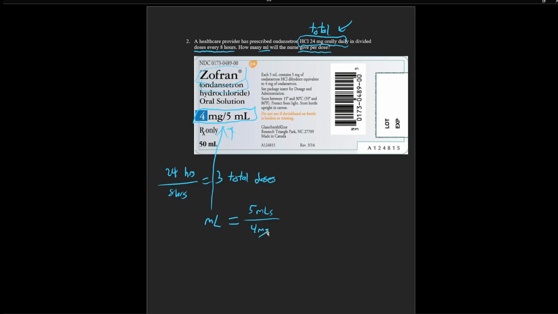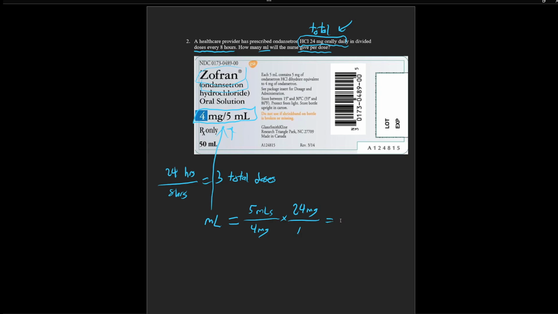And that's great. So when we set up our next conversion, we're going to have milligrams at the top to cancel out the milligrams at the bottom over here. And in our order, we have 24 milligrams total. And that's in the dose. That's just over 1.